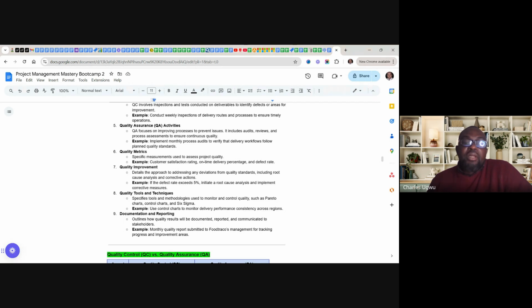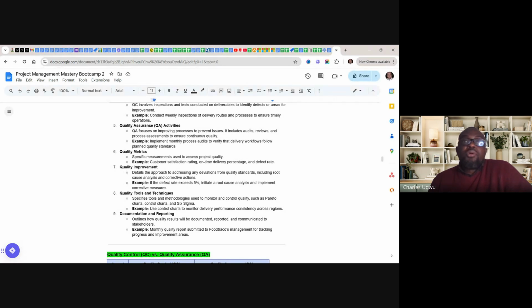Last but not the least, documentation and reporting. Outline how quality results will be documented, reported, and communicated to the stakeholders. Example: a monthly quality report submitted to Food Tracker management for tracking progress and improvement areas. So if you are hired in Food Tracker as a quality assurance manager or as a quality control manager, you know what to do and how to create your plan.